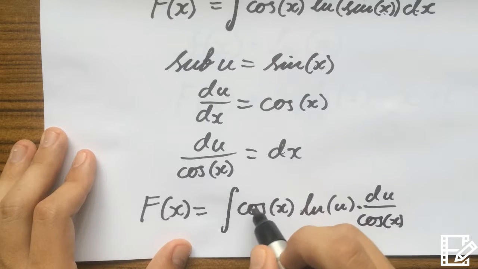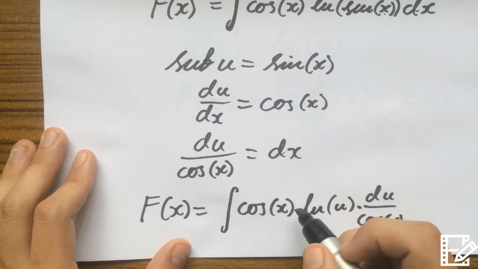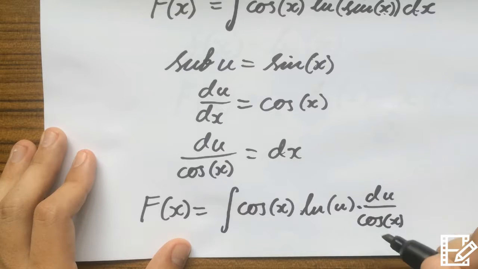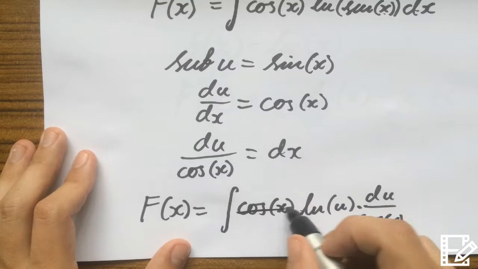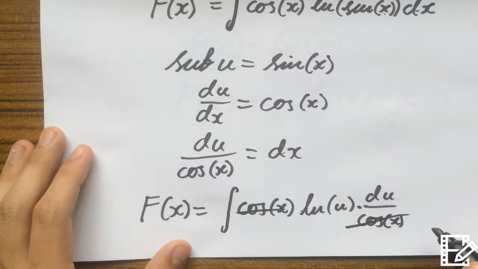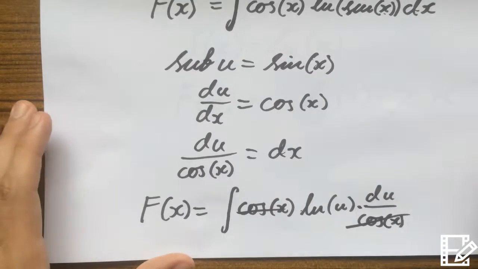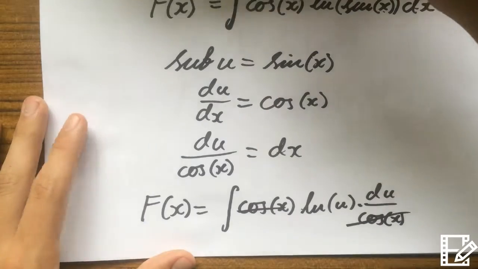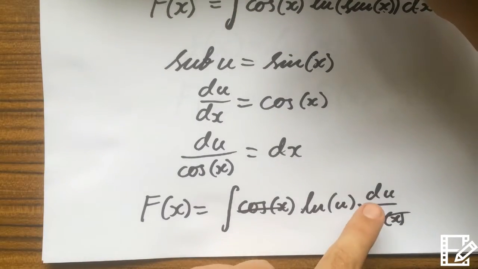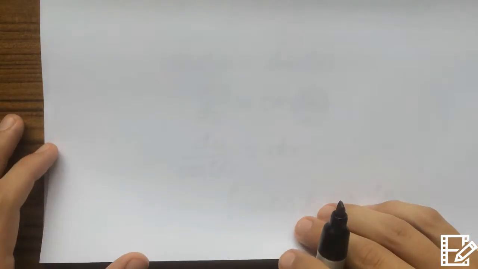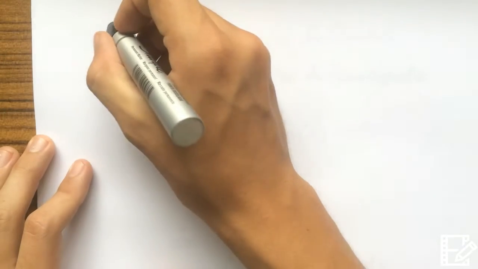Now, if you look here, we have a cos x multiplied on, and we have it divided by cos x as well. So these cos x will be cancelled out, because cos x over cos x is 1, so they cancel out. Now what we're left with is just the ln of u du.